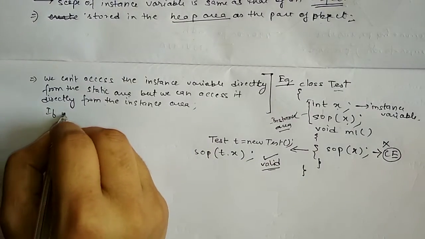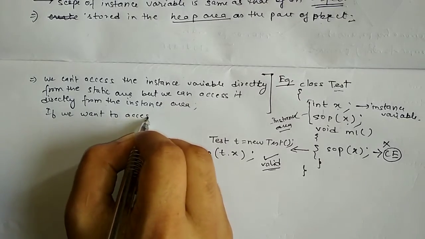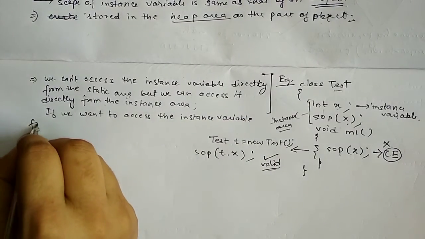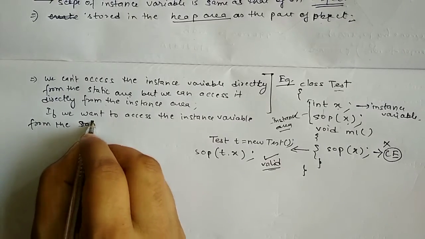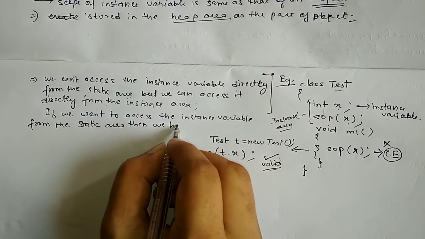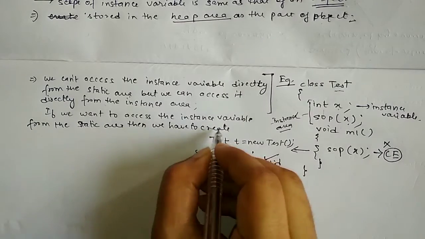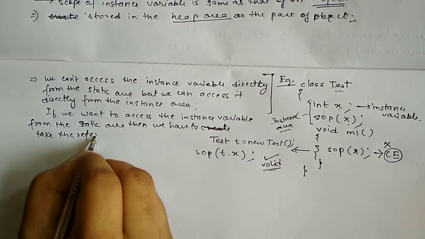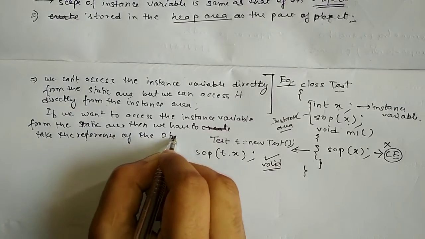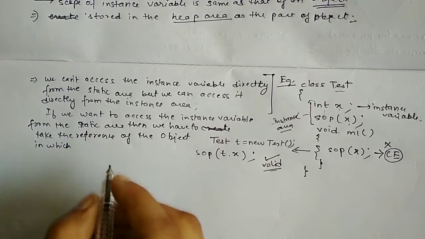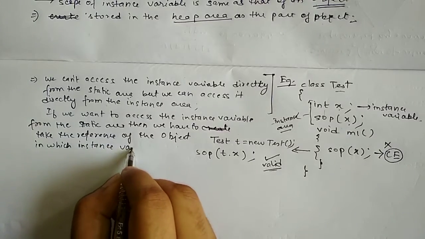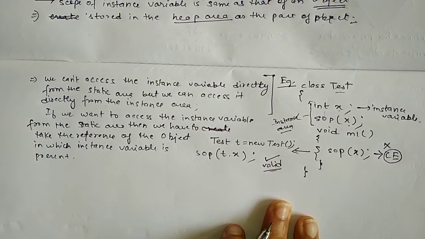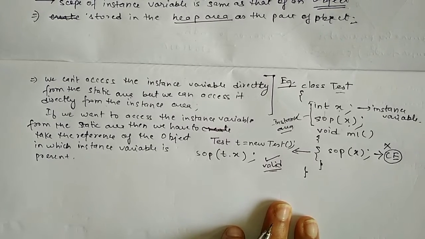If we want to access the instance variable from the static area, we have to take the reference of the object in which the instance variable is created.